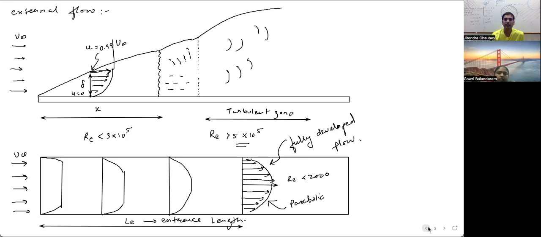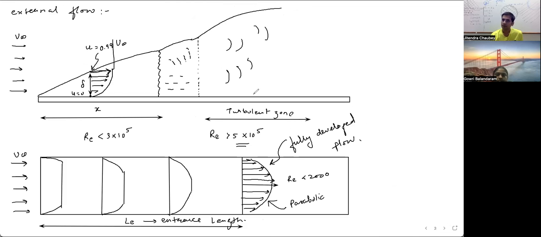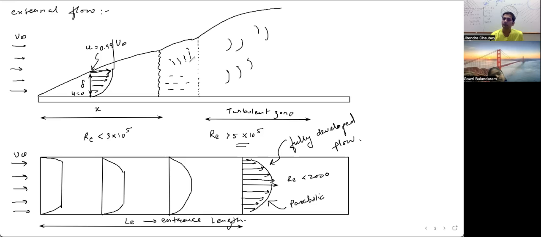In this case, we had a discussion that if the fluid is flowing inside the pipe or duct, the hydraulic diameter is 4A by P. But if the fluid is over the surface, it is the span along which the fluid is flowing. If there is a plate over which it is flowing, D would be equal to the length of the plate. So this is for pipe and duct, and for a plate and any other surface, it would be the span along which the fluid is flowing.